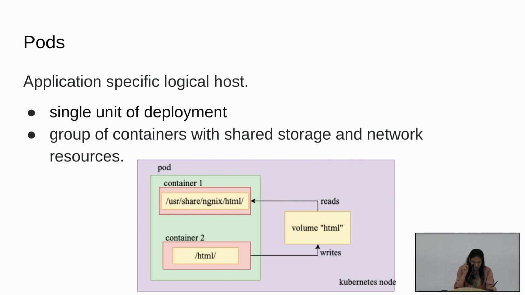So a pod can consist of more than one container running inside it. So it's a single unit of deployment that's part of the Kubernetes infrastructure, which can have more than one container running in it. The next question that arises is, we've been studying Docker and Docker containers for the entire day. Why suddenly not containers and why pods?